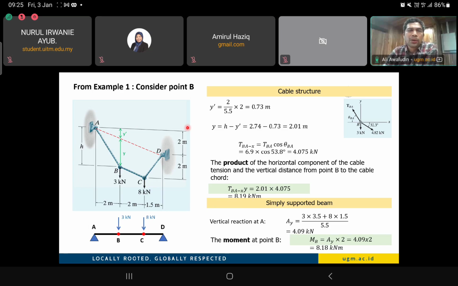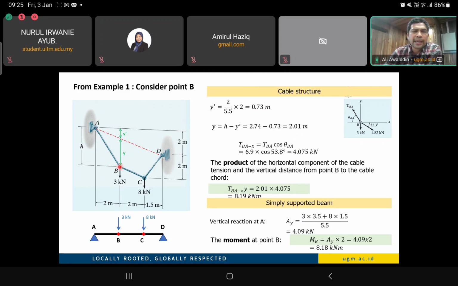Okay, so let's consider our previous example. Here we have the Y, in the previous example something like 3 point something. So the Y is equal to 2.74, which we obtained previously. Here the distance is about 3, and now we have the Y here about 2.01 meters.